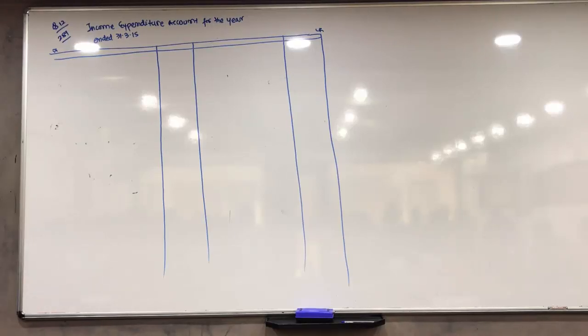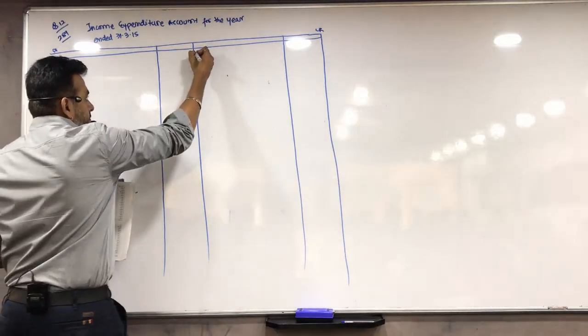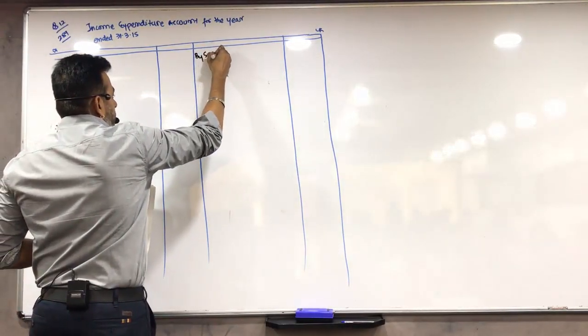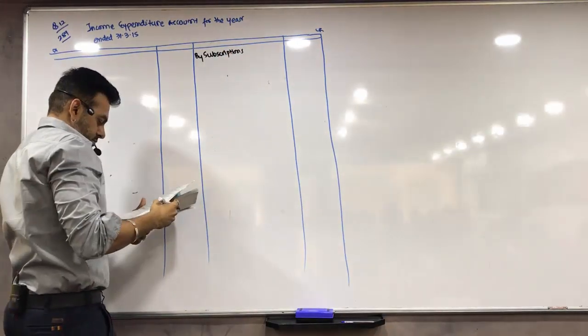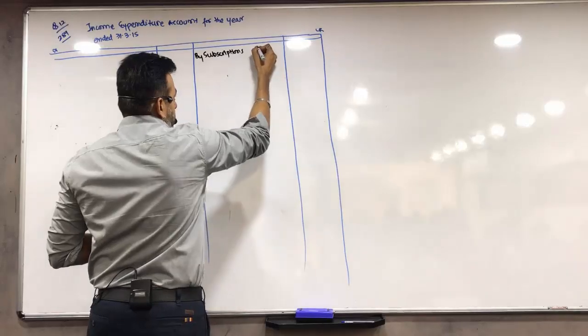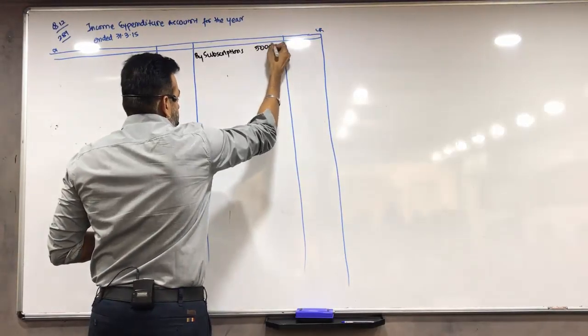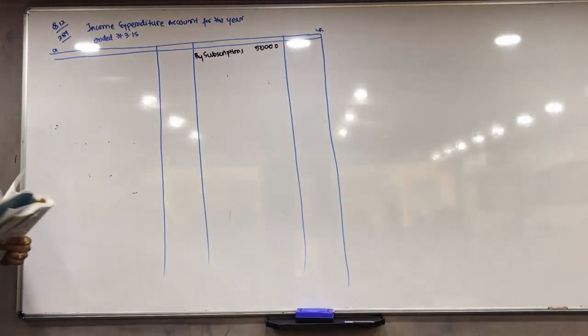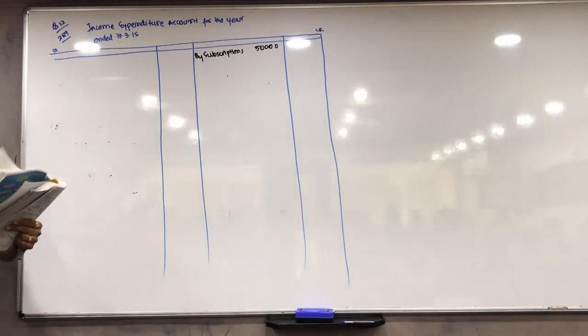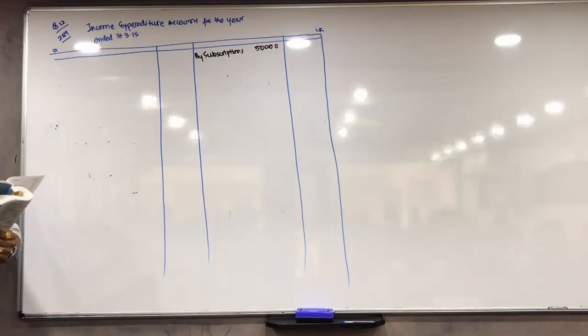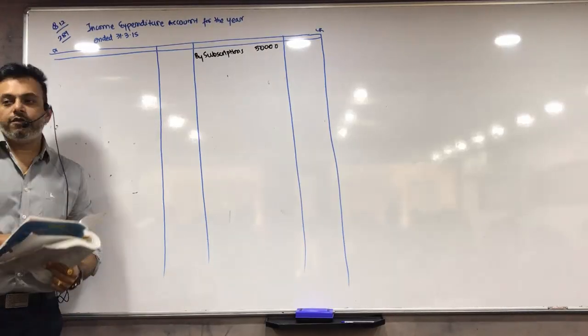Subscription. We start with subscription. There are adjustments in this. By subscriptions 50,000, inner column. Let's do the adjustment. Now we are in the year 14 and 15. Subscription includes subscription of 2000 for the year 15 and 16.